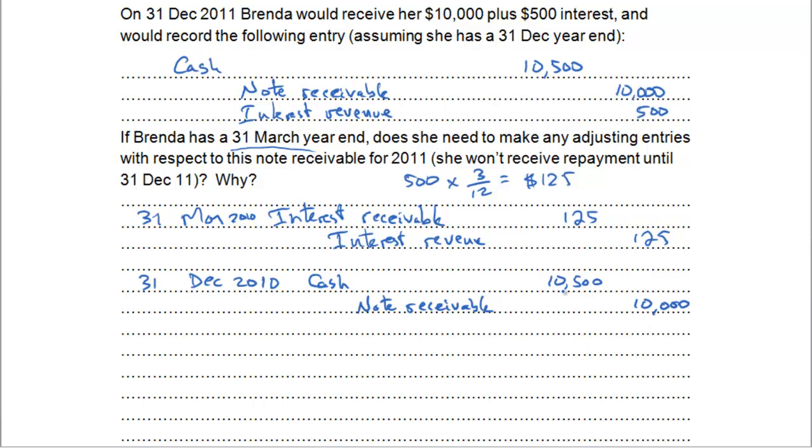The interest receivable also has to disappear because we've been paid. And that leaves finally the amount to report for interest revenue, which is the interest revenue earned over the 9 months in this fiscal year, and that should be $375 to make the entry balance.